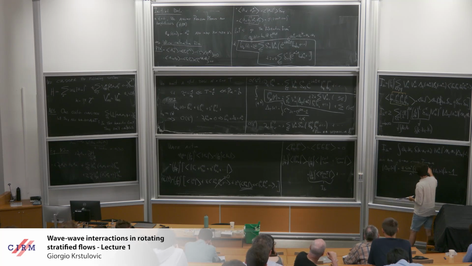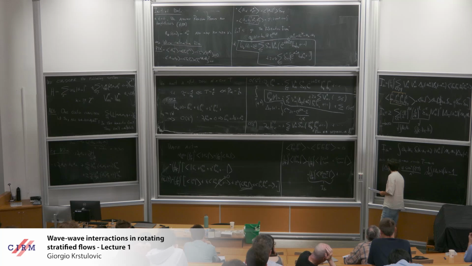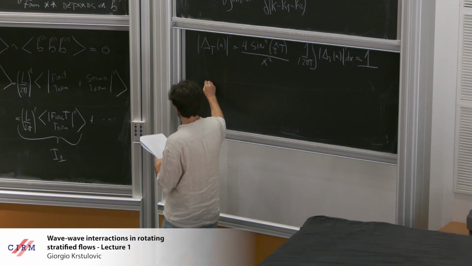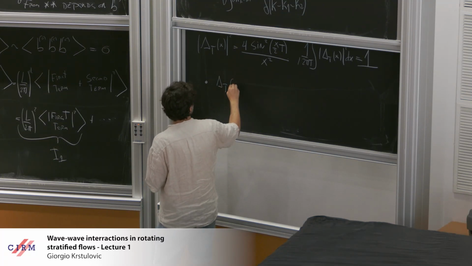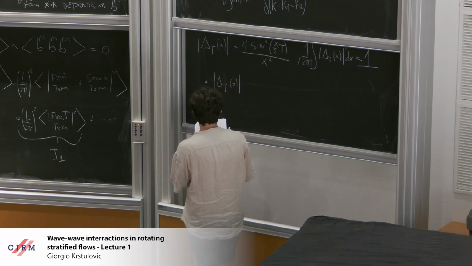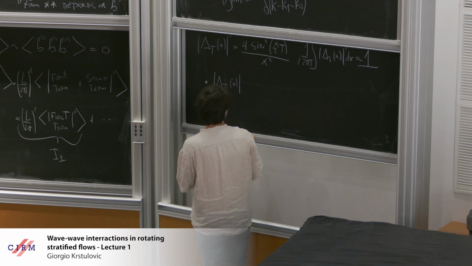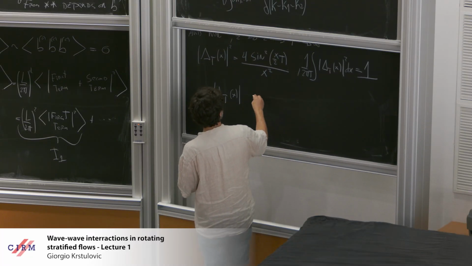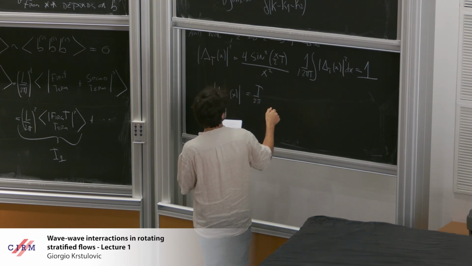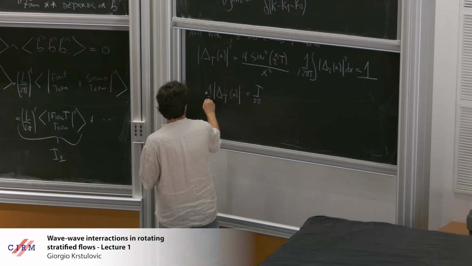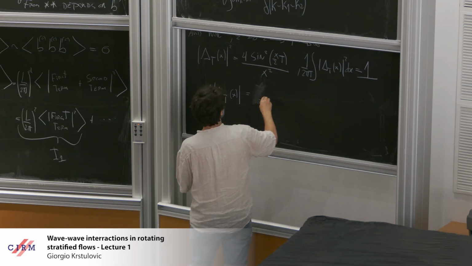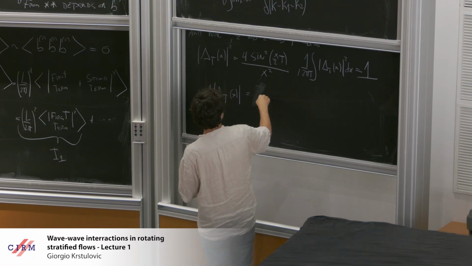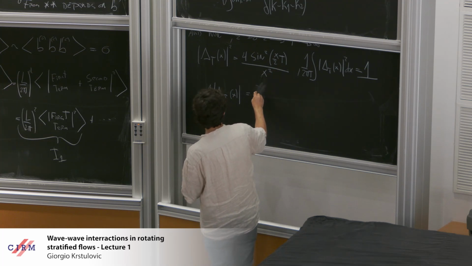So basically, the integral of this guy is 1. You have that delta t over 2 pi, when you take x going to 0, goes like 1.